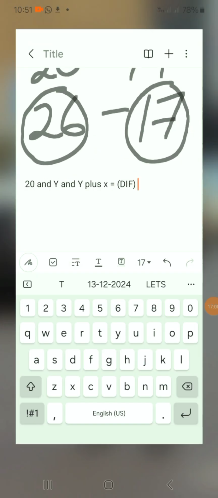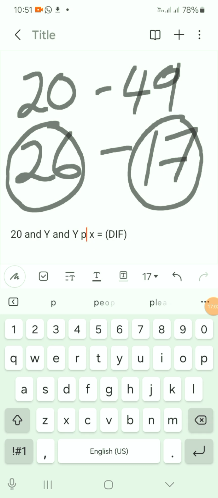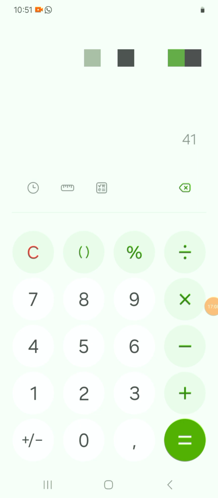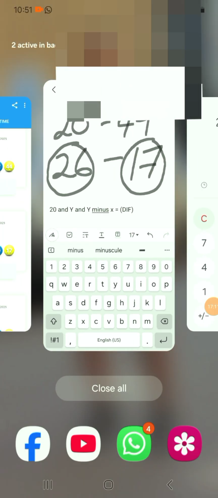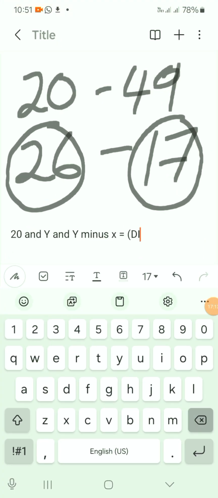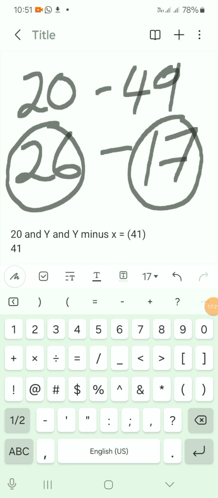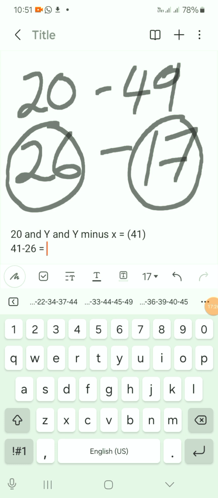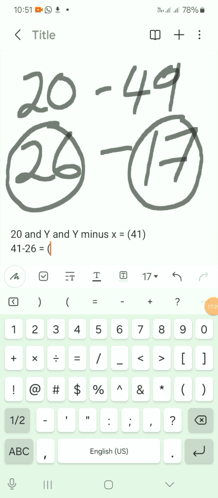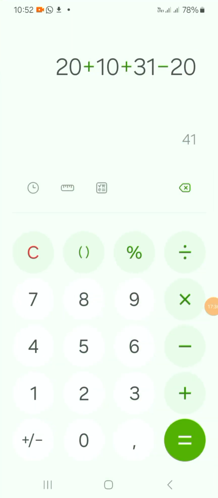My bad, this one is not plus, but minus, and it gives us a difference of 41. So we're going to say 41 minus 26. 41 minus 26, I believe it is 15. Let us confirm.